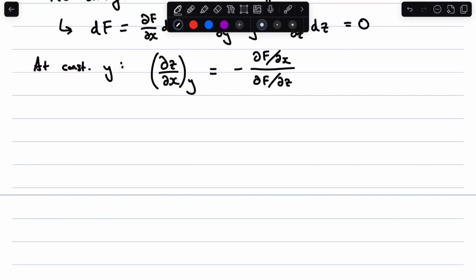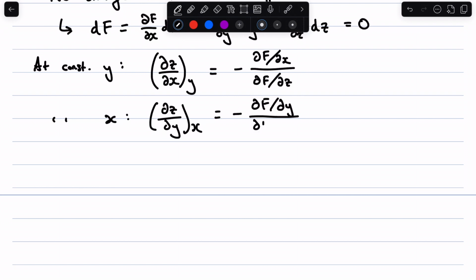Similar equations can be found for constant x, and we'd find that partial dz by dy at constant x is equal to minus partial dF by dy divided by partial dF by dz.